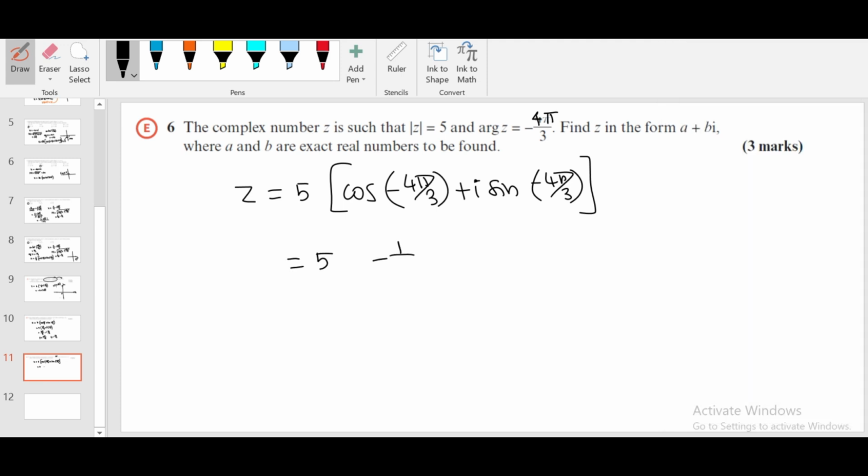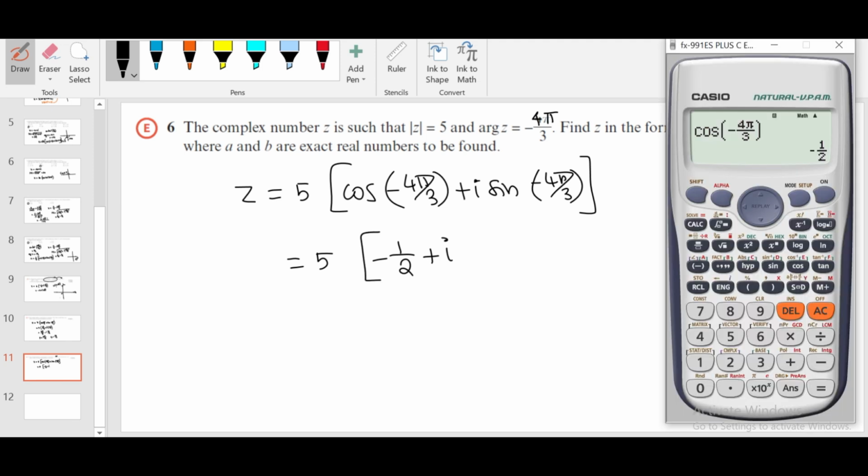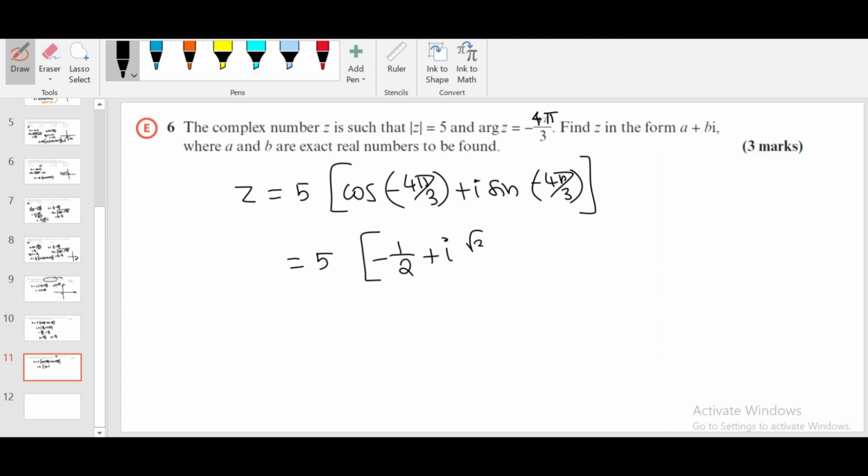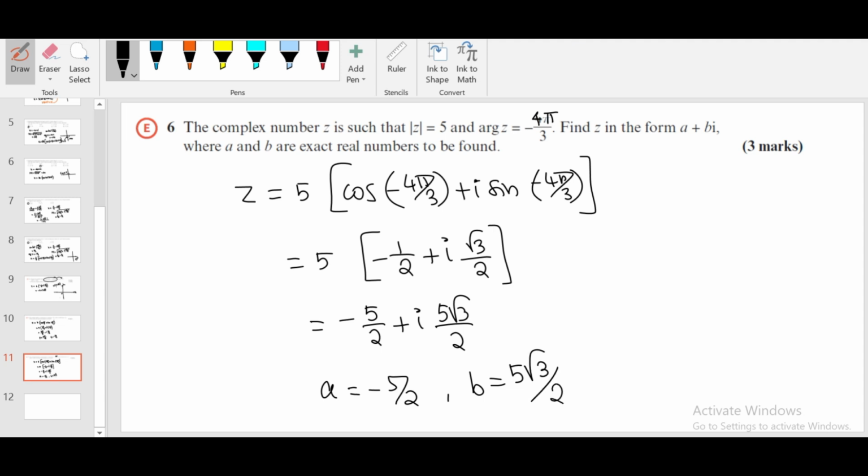Negative 1 over 2 plus i times the sine of this value, root 3 over 2. Multiply through by 5. You will get minus 5 over 2 plus i 5 root 3 over 2. So a is minus 5 over 2. b is 5 root 3 over 2. That's it.